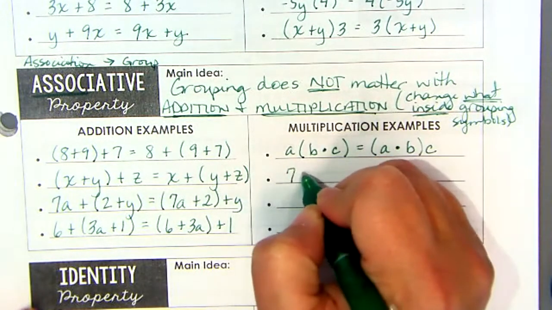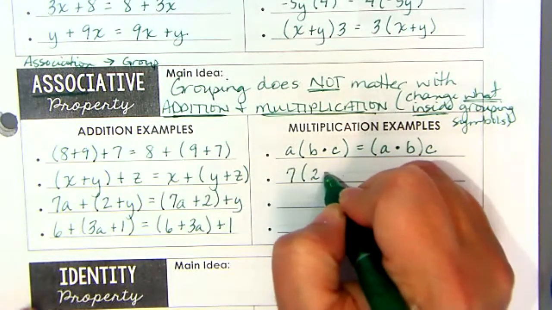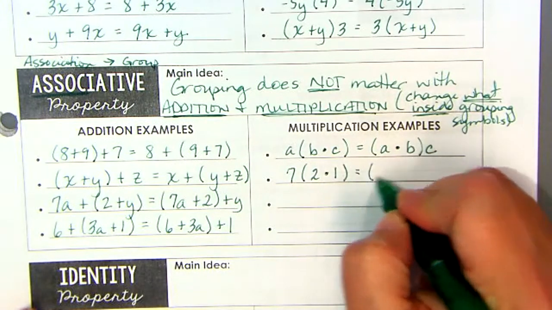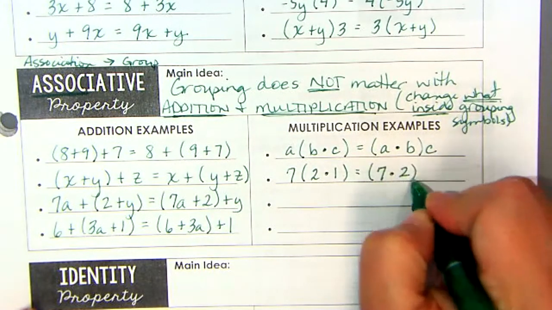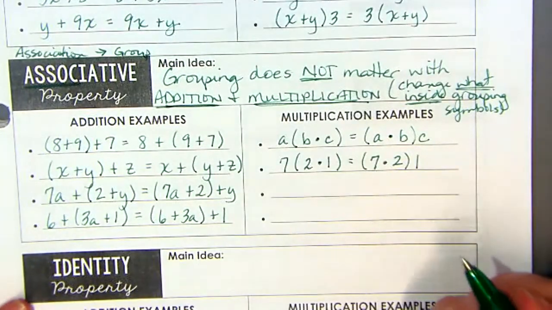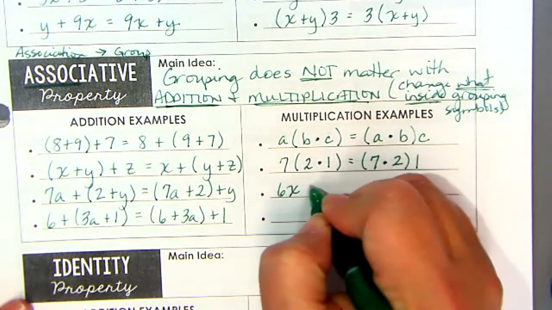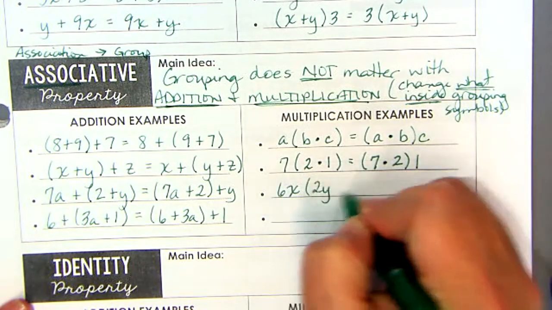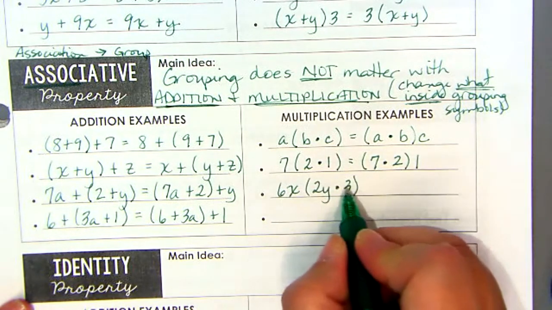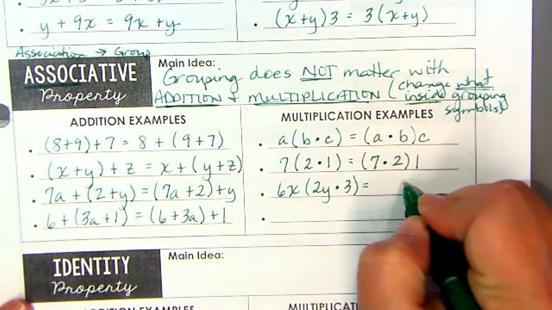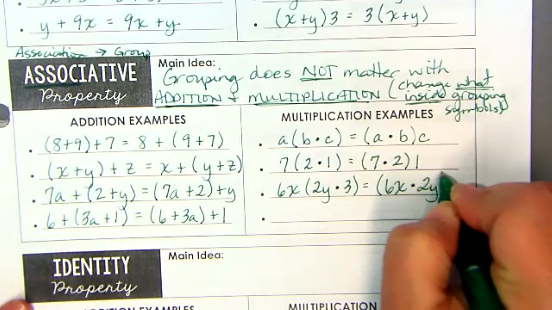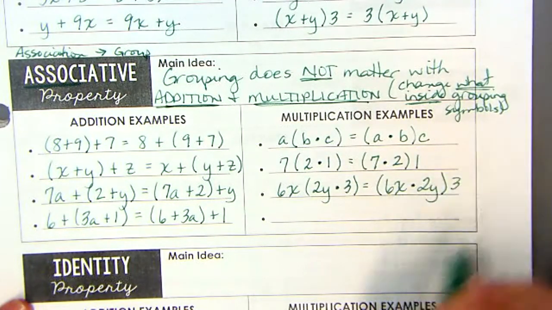Next, 7(2 times 1). It's all multiplication that's occurring, equals (7 times 2)1, because it's all multiplication that's happening. 6x(2y times 3) equals (6x times 2y)3.